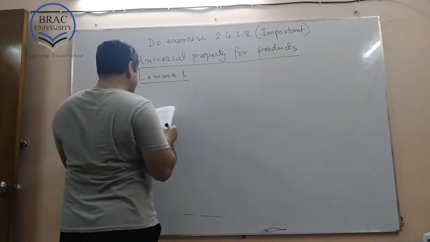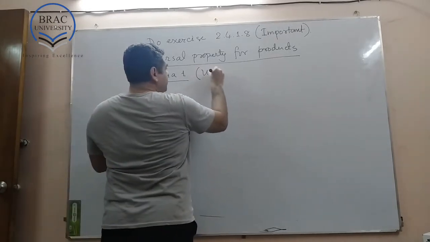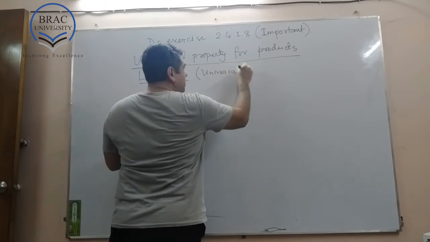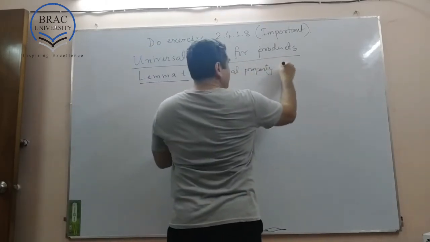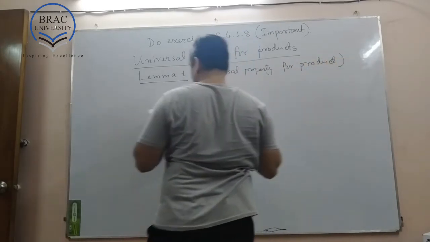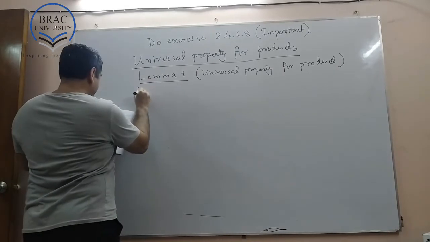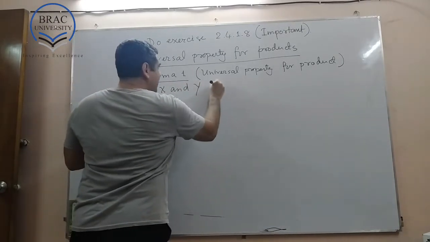Lemma 1, the universal property for products, states that: let X and Y be sets.